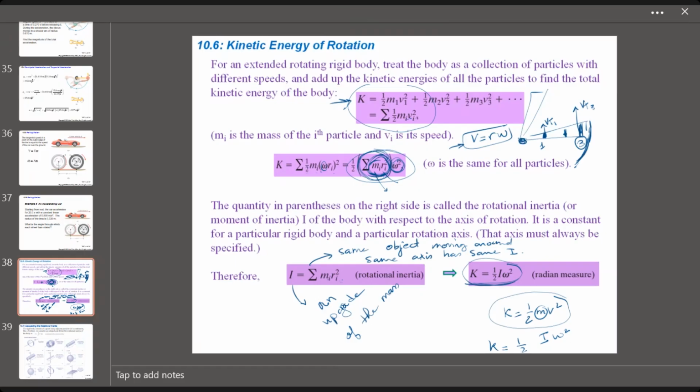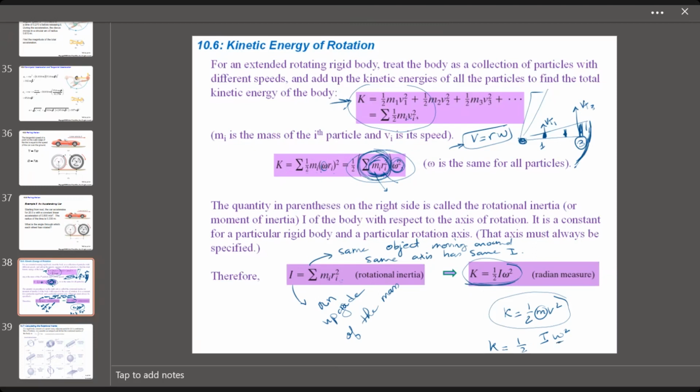And it's more convenient because omega is constant across all of the blades. I'll tell you this helicopter has a speed of 3.5 revolutions per second. That's it. It's the same at all points. I don't have to worry about the speed of each point to find the kinetic energy. And I'll just need I, which is basically the rotational inertia, which depends on the shape of the blades and their mass and how this mass is distributed.